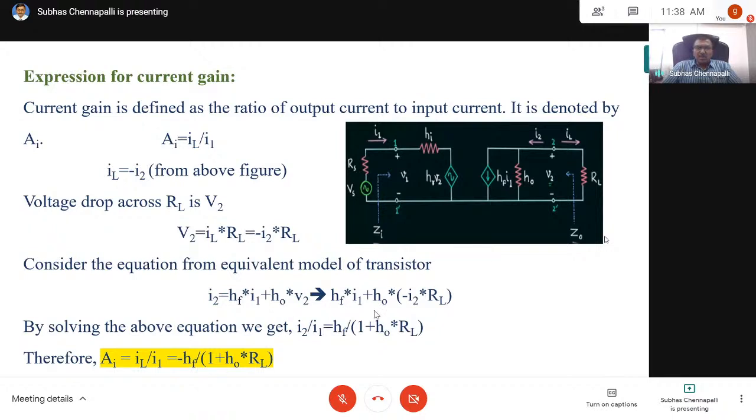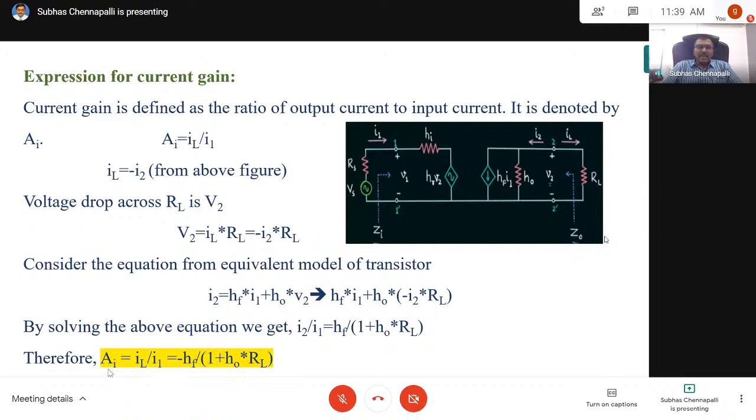From this equation, you get this V2. I replace it with IL RL, but here we have I2, that's why I have written I2, then minus sign I will take accordingly. I2 by I1 I will get HF by 1 plus H0 RL, but IL by I1 becomes minus, so minus HF by 1 plus H0 times RL.